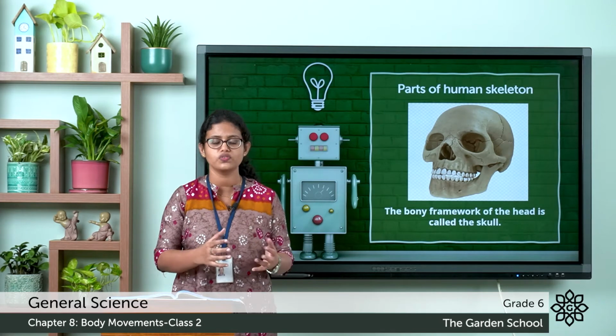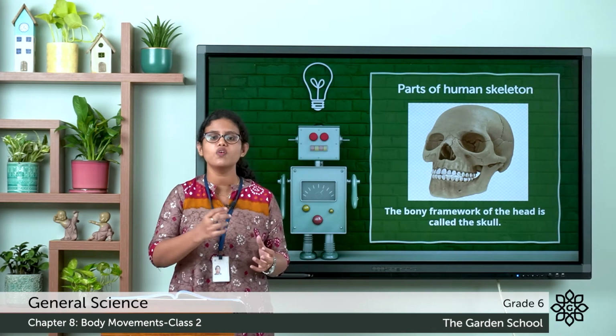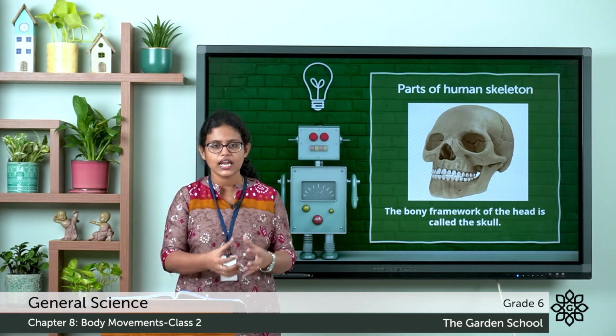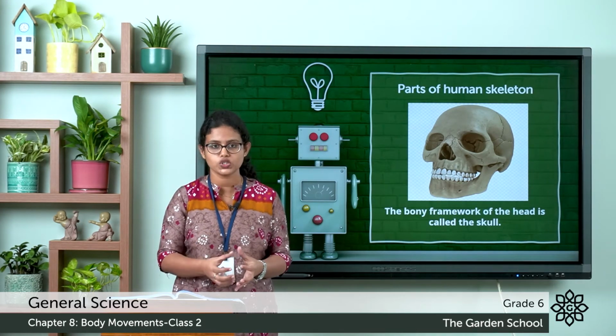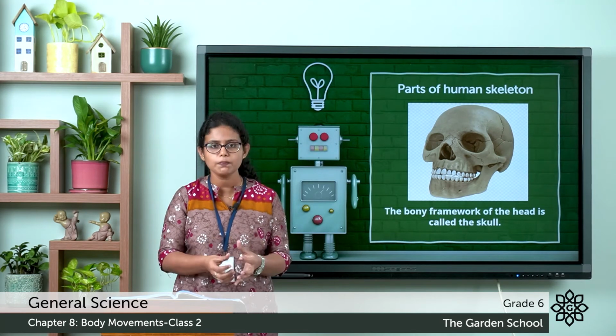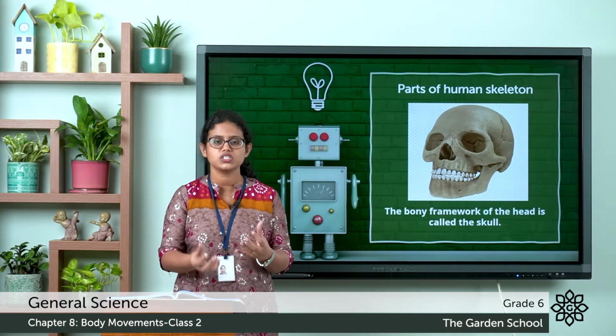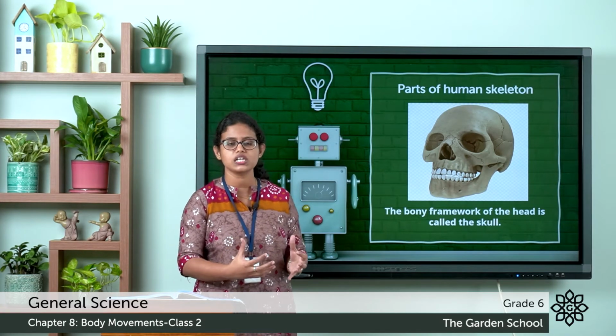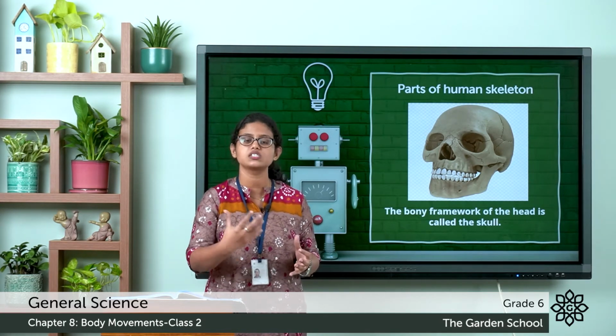So the cranial bones are attached together by sutures, and sutures are immovable joints which do not allow these bones to move. So cranial bones are immovable. These bones do not move.